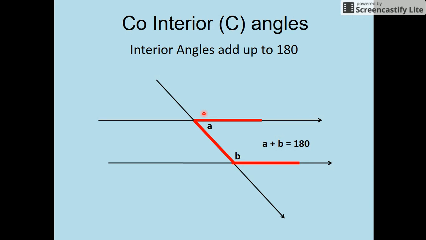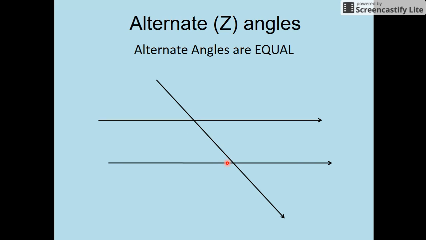Inside the parallel lines, okay, on the same side. So can you see that that's a little small angle? This one is a bigger angle. A plus B gives you 180. So they're inside, they're interior, they're working together to make 180 degrees, and they make a C shape. There's a backward C shape on the inside of them.